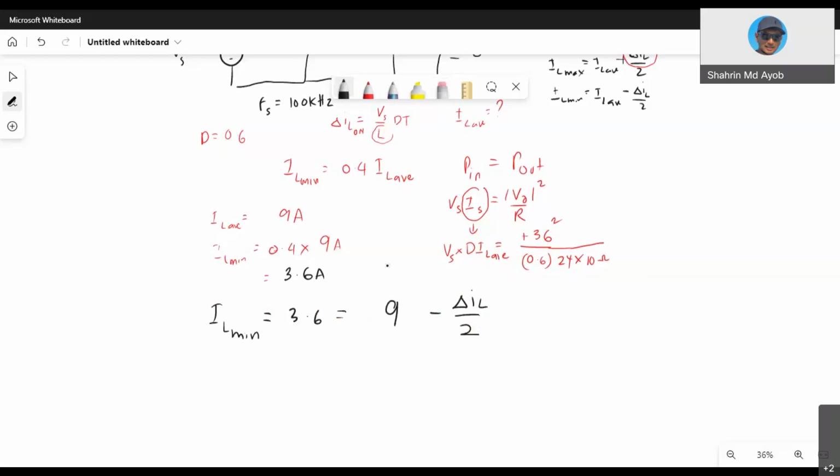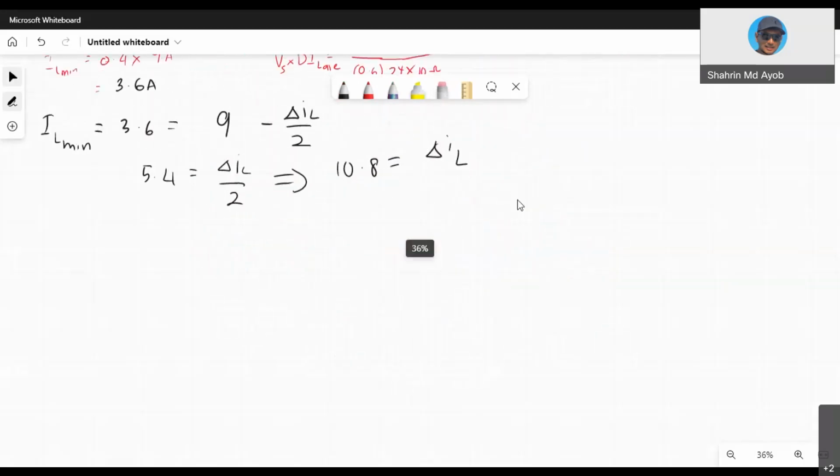So from that, you can obtain berapa? 9 minus 3.6, 5.4. So 5.4 is equals to delta IL over 2. So this one 5.4 kali 2, 10.8. So 10.8 is equals to delta IL. Okay. You can use delta IL on or delta IL off.